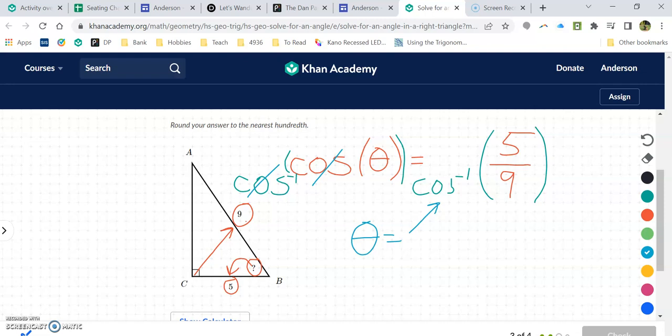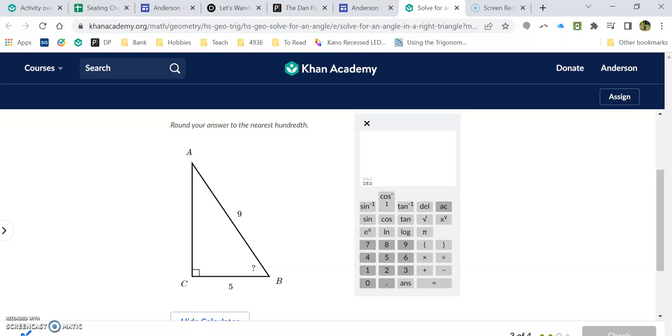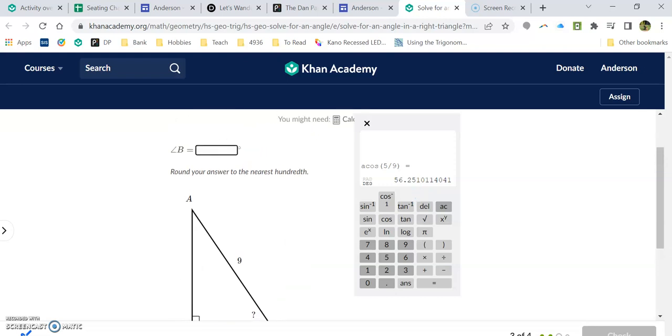So inverse cosine of 5 over 9. 5 divided by 9 equals 56.251. The 1 is not 5 or greater, so it is simply 56.25.